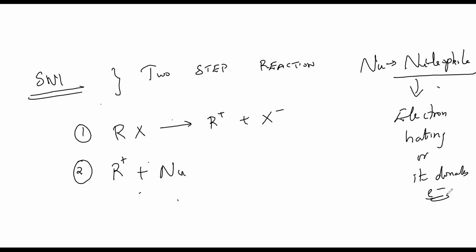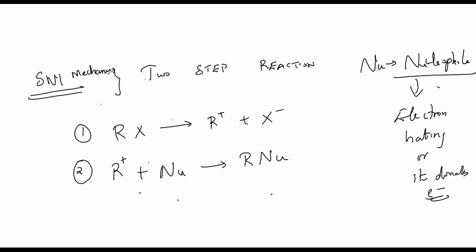So this gets attached with what? A nucleophile to form R-Nu. This is my SN1 mechanism. First thing is what? It gets split. Correct? So these are the two important steps in this.